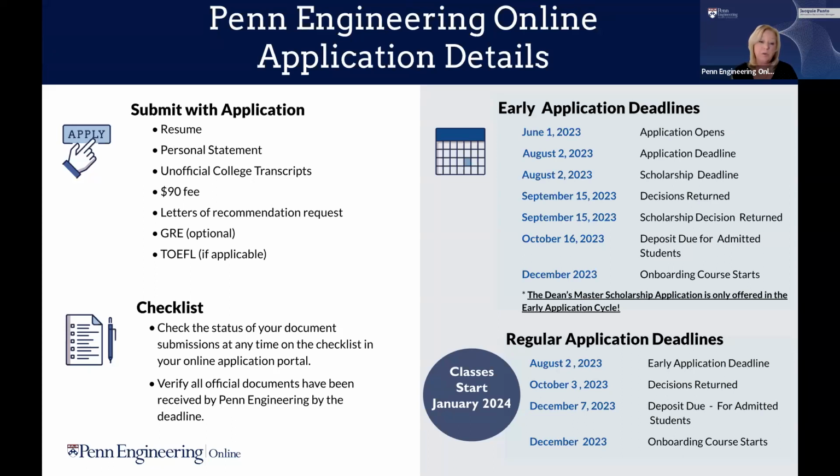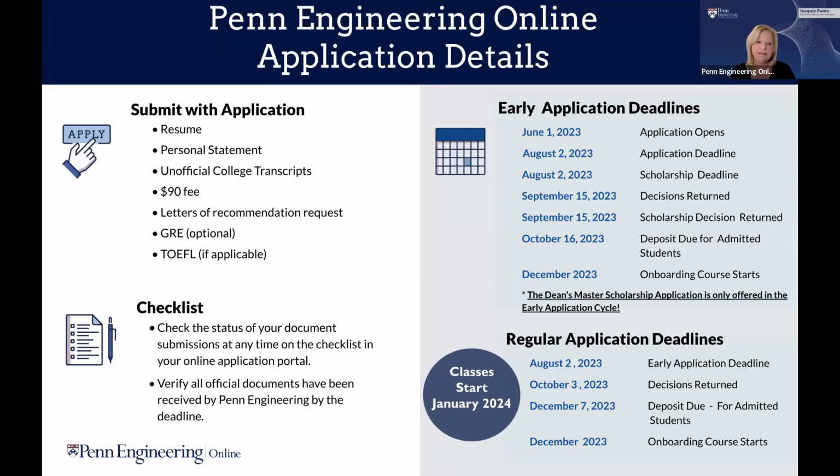And the TOEFL is required if English is not your primary language and you're not a US citizen or US permanent resident. The TOEFL can be waived if the mode of instruction at the university you graduated from was English.